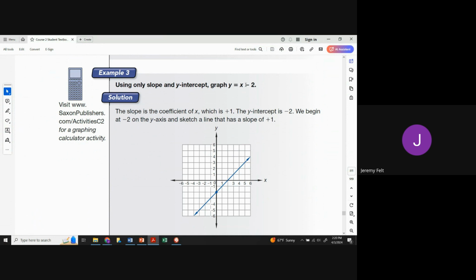Our y-intercept is negative 2. So we can go down below the origin, 1, 2. There's our y-intercept. And the slope of 1 means up 1 over 1. Rise over run. So up 1 over 1, or up 2 over 2, or up 3 over 3, 4 over 4, because it's always going to equal a slope of 1.